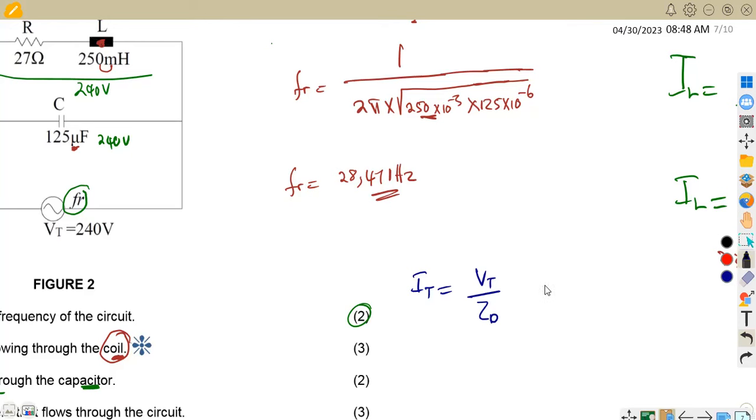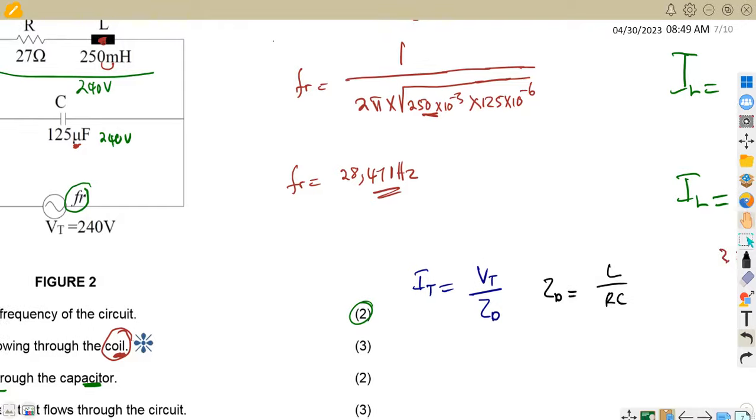So we must calculate our ZD, where ZD, our dynamic impedance, is given as L over RC. That is for resonance in this case.